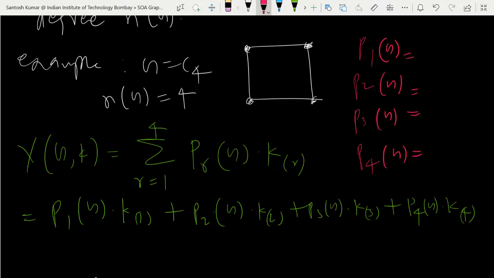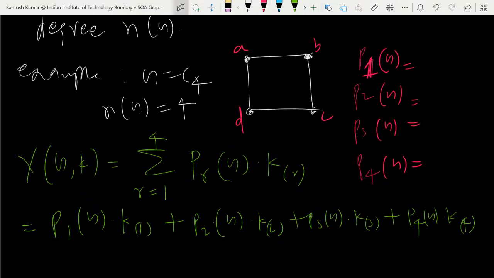Tell me, you have four vertices, let me name them A, B, C, D. Can you write the vertex set as a partition of just one independent set? P1 of G means a partition of the vertex set into one independent set.